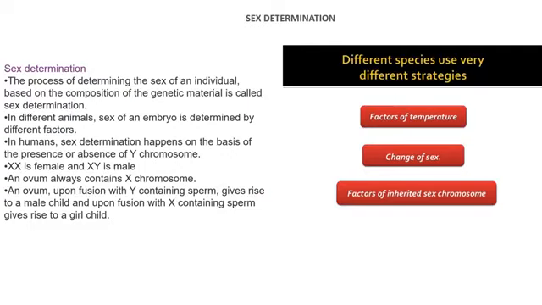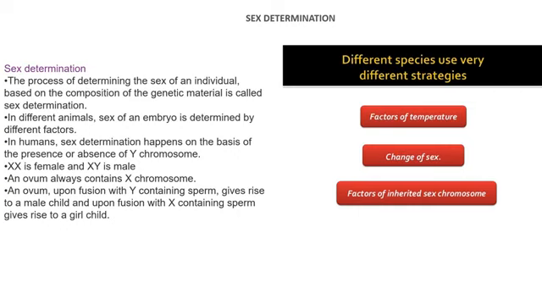Now let's take another topic, and the last topic of this chapter, sex determination, right? Okay, now how can the sex of a newborn individual be determined? Different species use very different strategies for this. Some rely entirely on environmental cues.